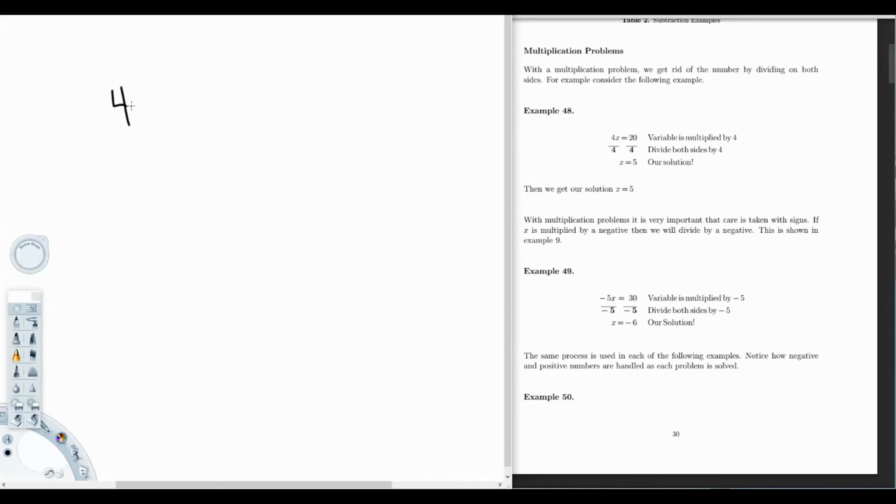So 4x equals 20. Now, if we think about what 4x means, it means 4 times x equals 20. All right? Now, we want x, but we can't subtract or multiply from 4x, right?